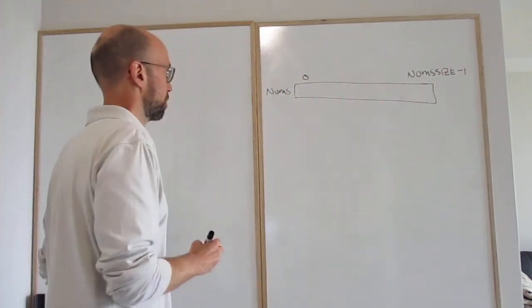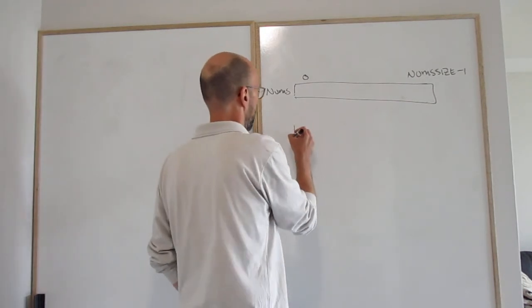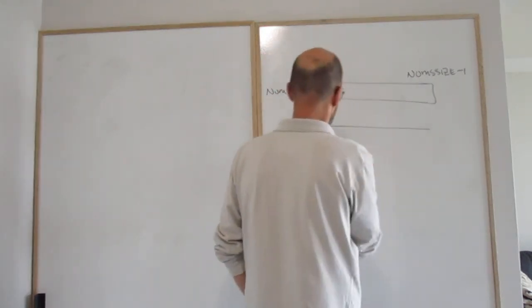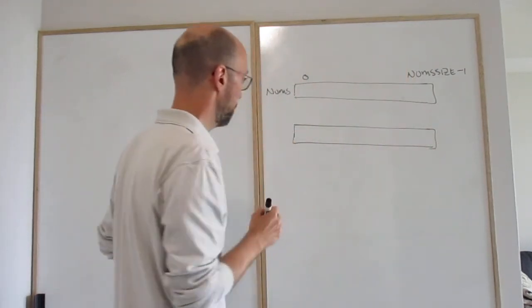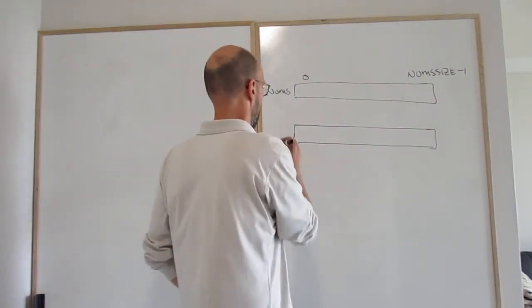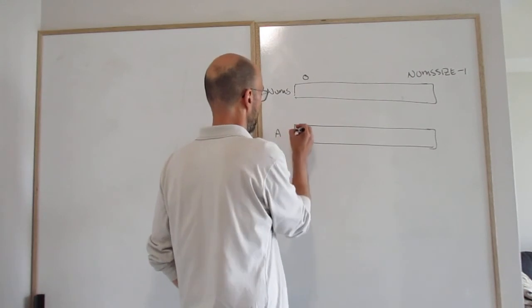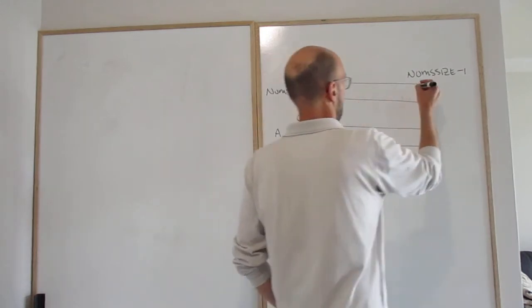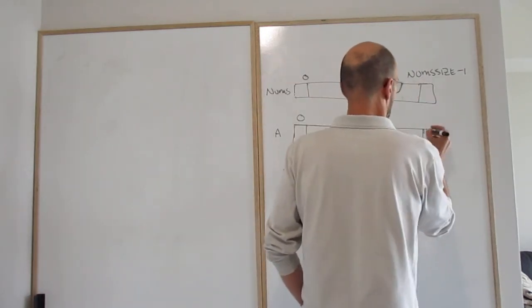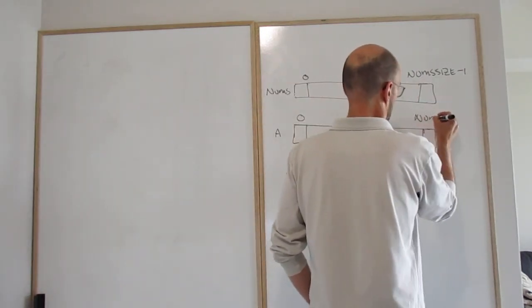Now, to do this with dynamic programming, we're going to have an array A, which is also going to go from 0 to num size minus 1.